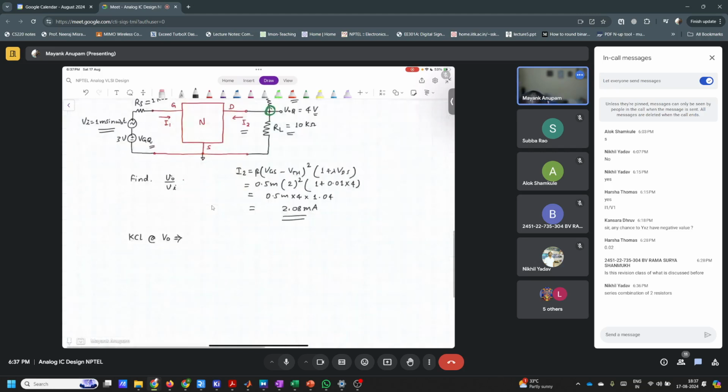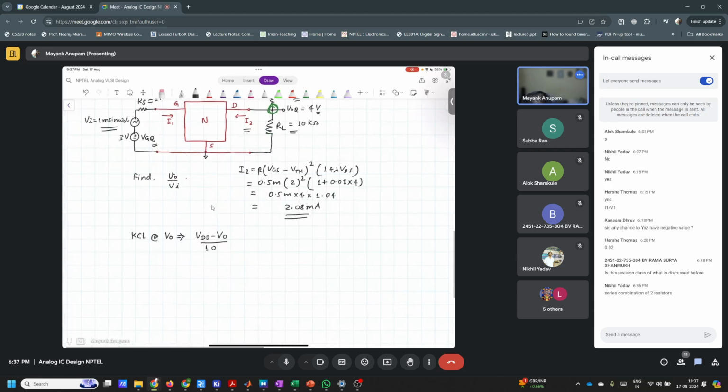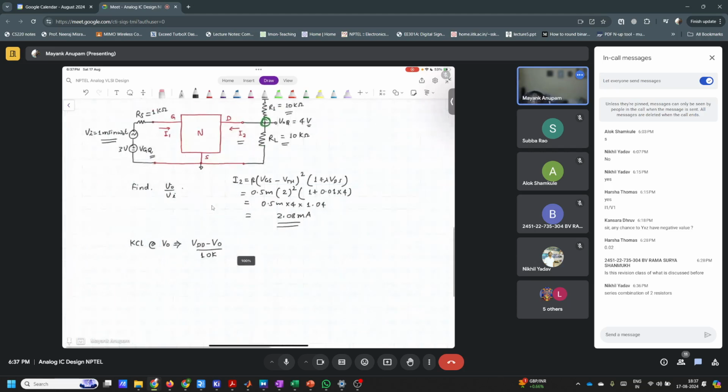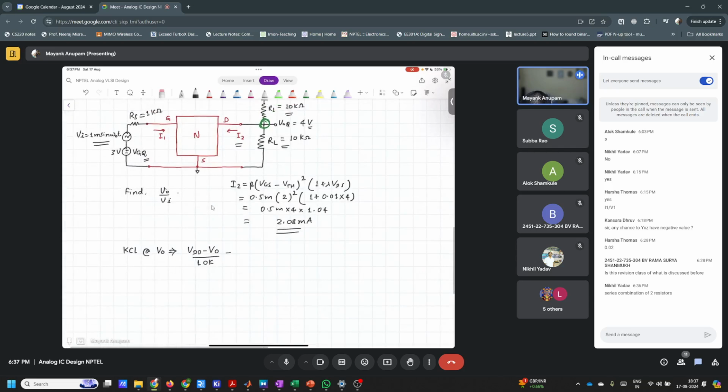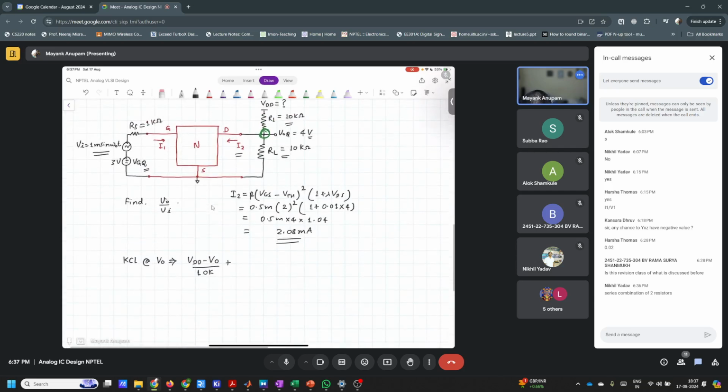So VDD minus VO, divided by 10 kilo ohms, plus whatever, what else, right? All the currents that are entering this node should collectively sum up to 0. So the other current that is entering this node is what?